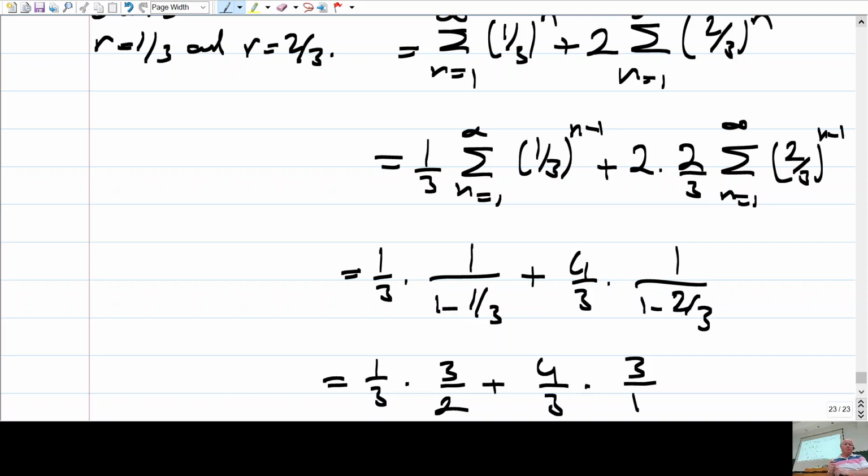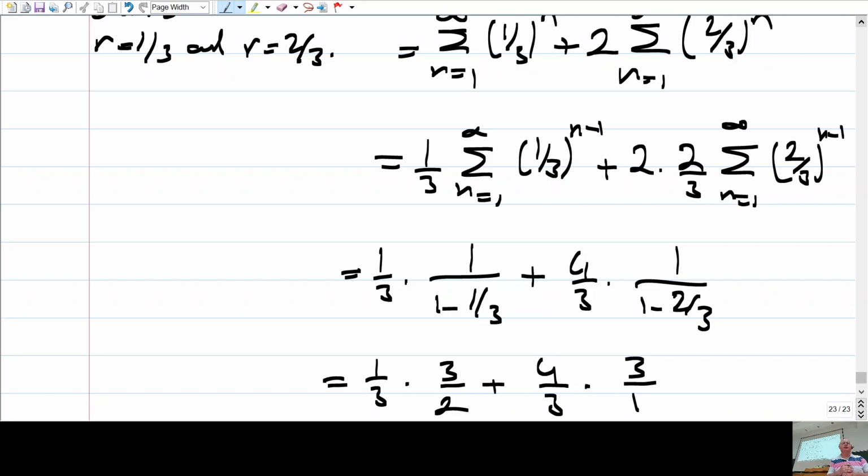Next, we have some tests which tell us whether a given series is convergent or not. Unfortunately, we don't have a universal test which tells you whether any series is convergent or divergent, which works for all series.